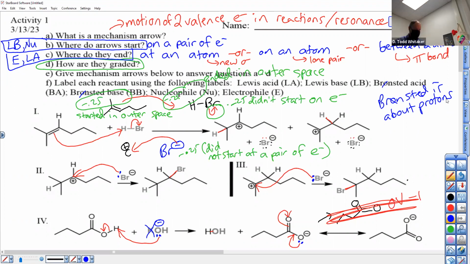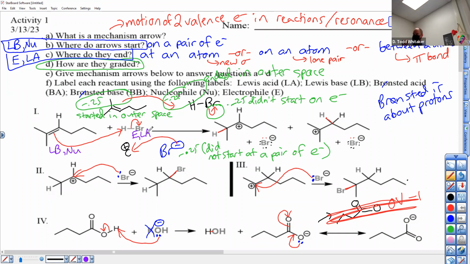Okay? So you ready? Always start with Lubnu, because the start of your arrow makes that a Lubnu. We're going to go with the label. You're either a Lubnu or an Ela. How did I make those decisions?